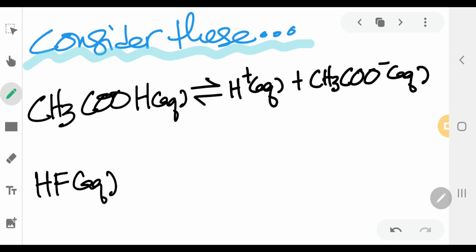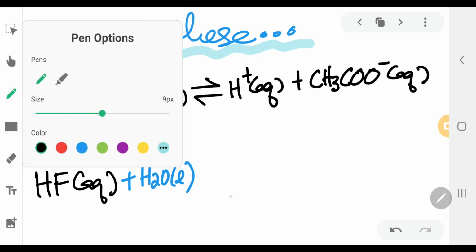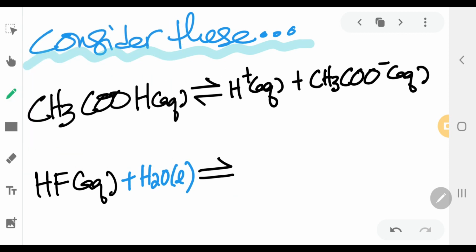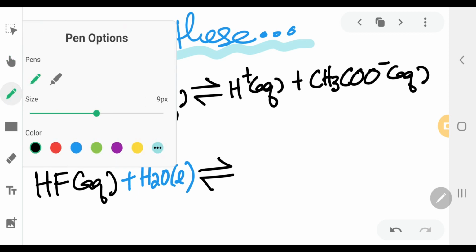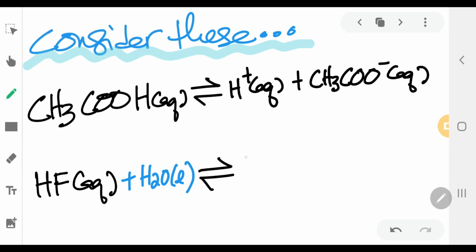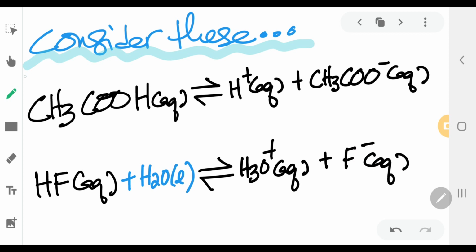What about this? Let's say I'm going to write water here. Still the same concept, it will be in liquid. HF is another example of a weak acid, and you're going to form H3O plus aqueous plus F minus aqueous.